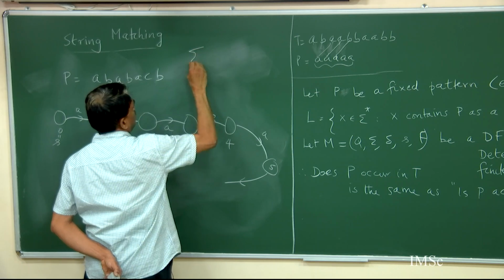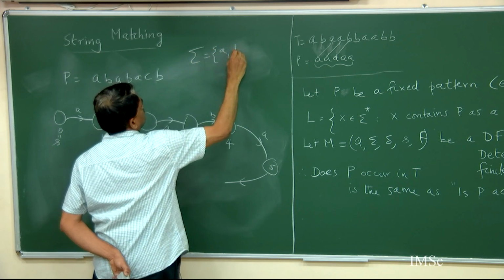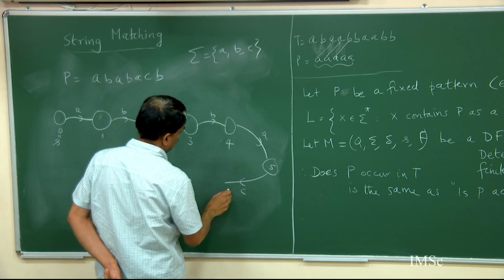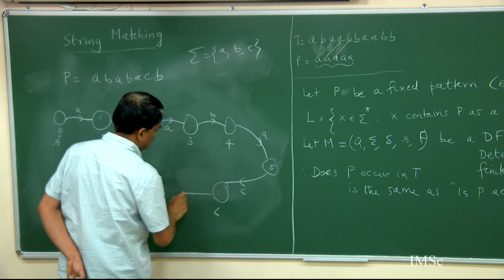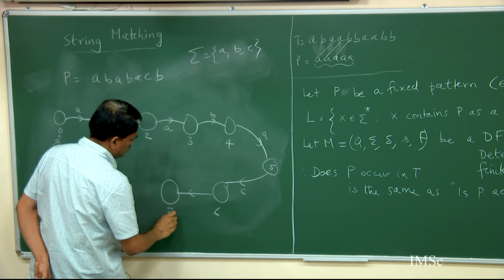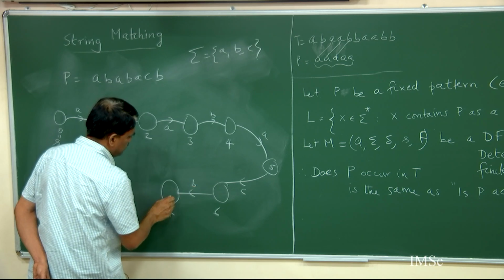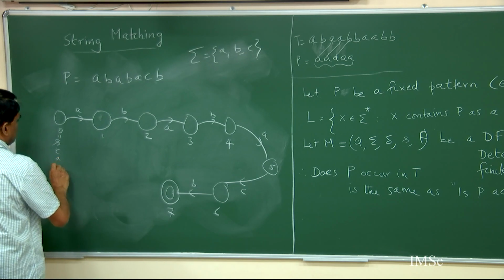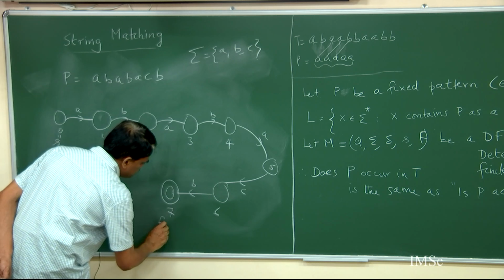My sigma, let's say, is ABC. And this is my final state. This is the start state, and this is the only final state.